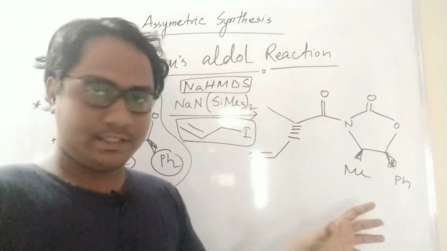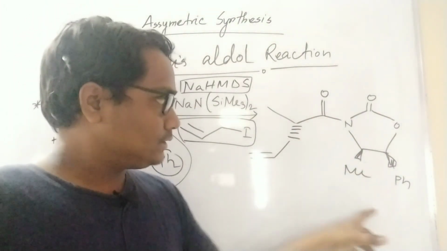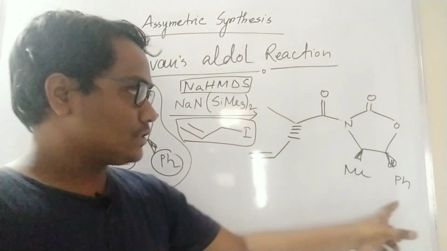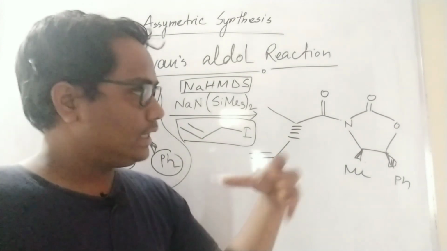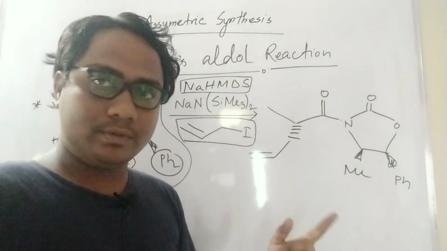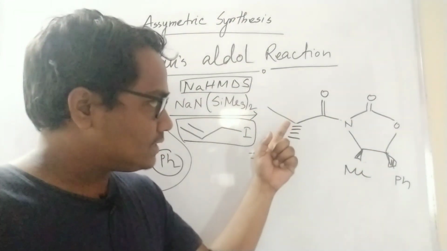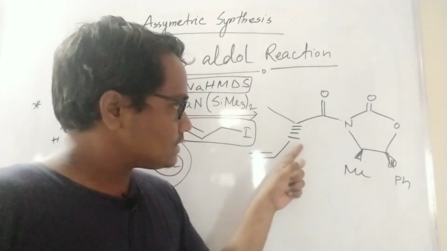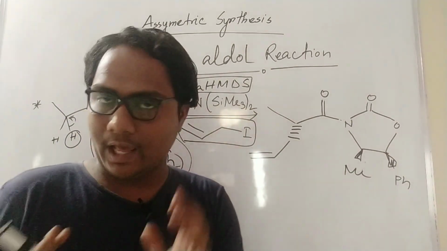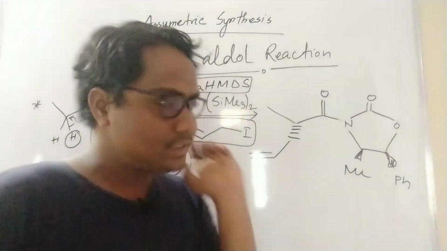Because in the transition state, this oxazolidine ring, this chiral auxiliary, will be up, and the electrophile will be attacked by this nucleophile from the down side. So it will always be down. Here I will give you one short trick.